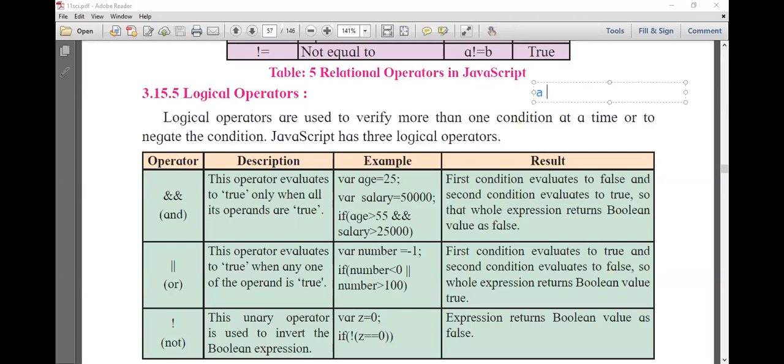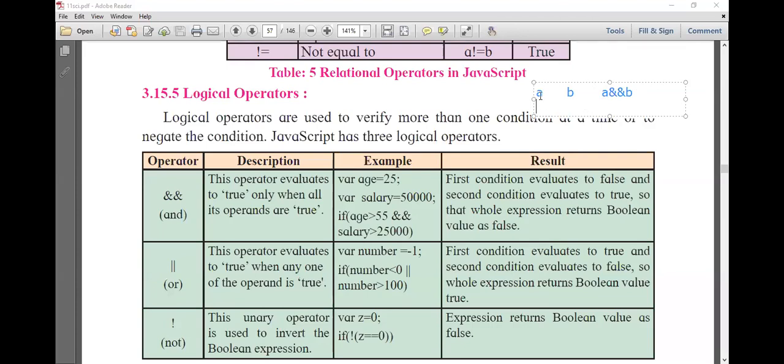Here A, here is B, and here is A ampersand ampersand B. If A is an expression, B is an expression, and when we combine A and B using the AND operator, then this is also an expression. So these are three various expressions: expression A, expression B, and expression C.